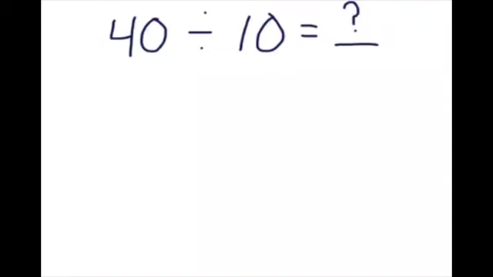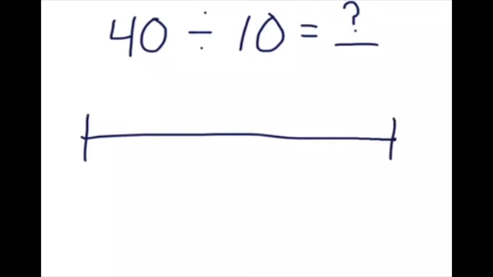Okay, I'm going to try a quick example, another example before you try one on your own. So I'm going to be moving a little faster this time. So 40 divided by 10. That will be when I repeatedly subtract what number? 10. So remember, my number line ends with 40 and I make jumps backwards.